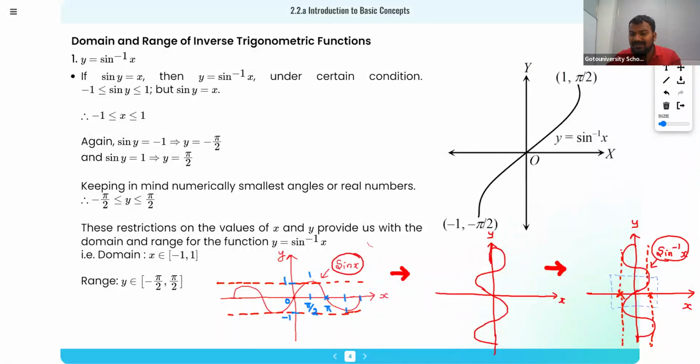So can you see you're going to get the same thing? This is -1, this is +1. And what about these values? So that pi and this will change. So can you say this is going to be pi by 2, isn't it? And this is going to be pi, and this is going to be negative pi by 2, and this is going to be pi over here. So you can see this is the same figure which we have got.